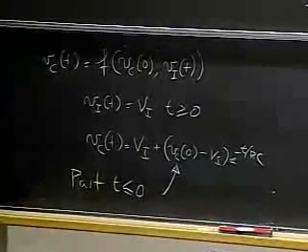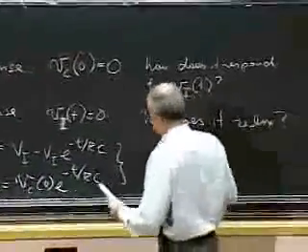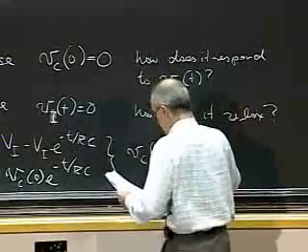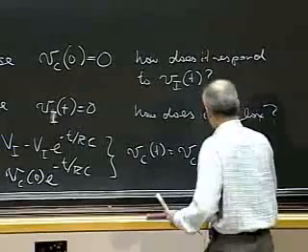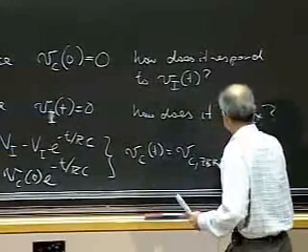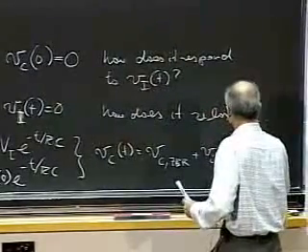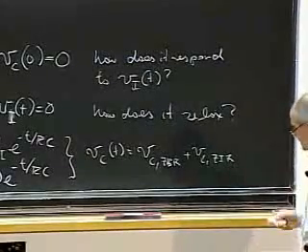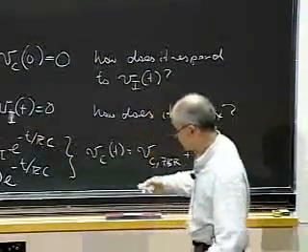It's a superposition of the two. So what basically we see here, and that's actually a general statement, is that VC is equal to VC ZSR plus VC ZIR.